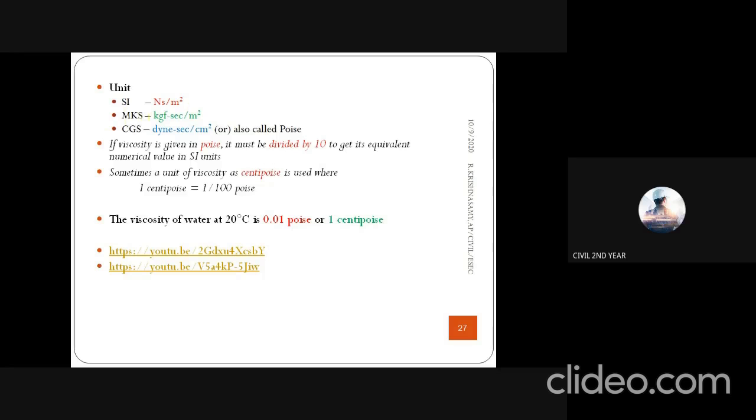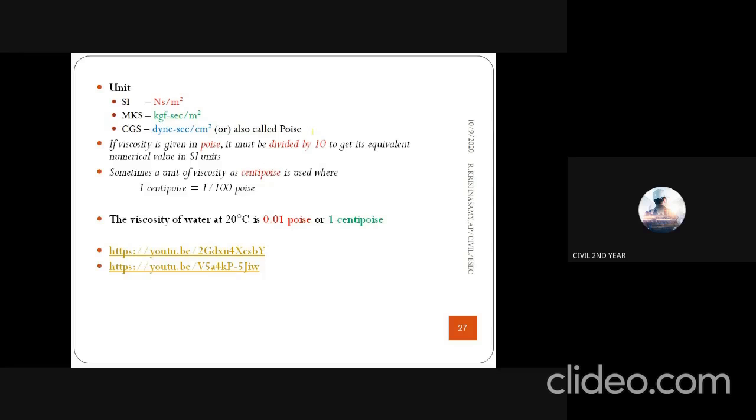For the MKS system, it is kgf second per meter square. For the CGS system, it is dyne second per centimeter square, also called poise. If viscosity is given in poise, instead of Newton second per meter square, it must be divided by 10 to get its equivalent numerical value in SI units.